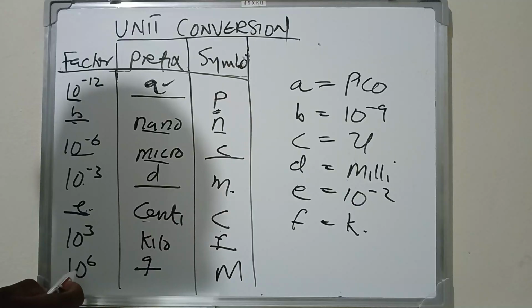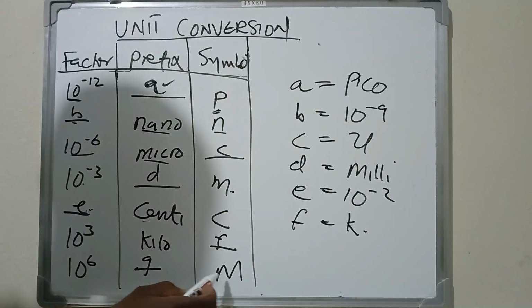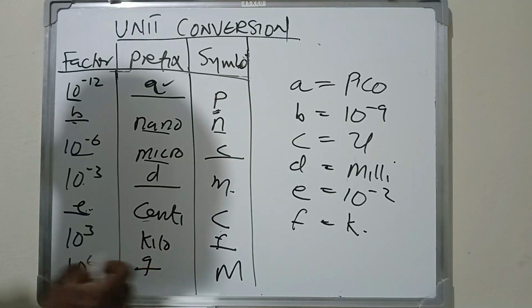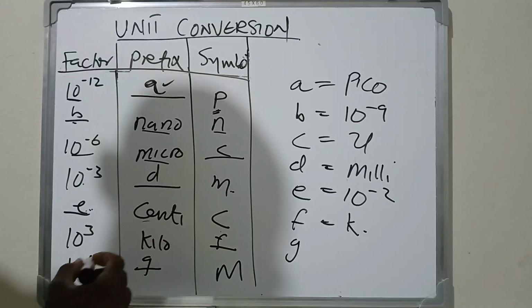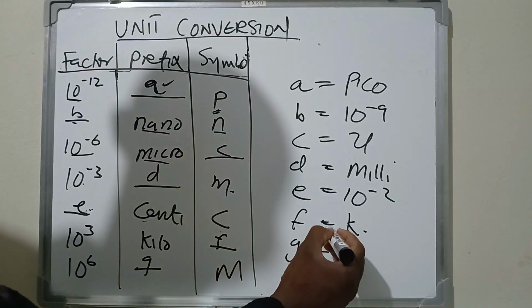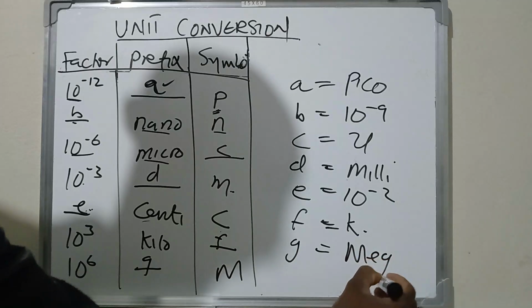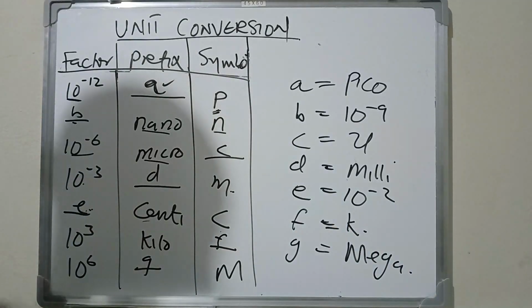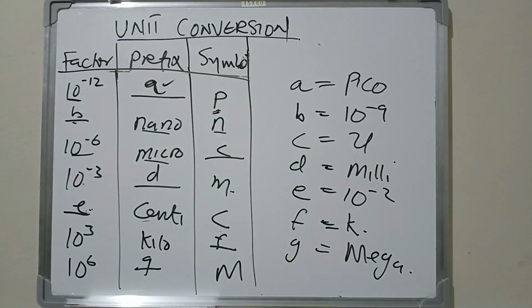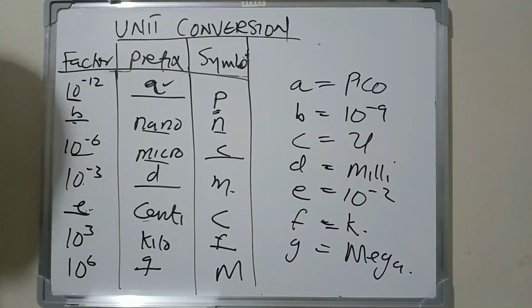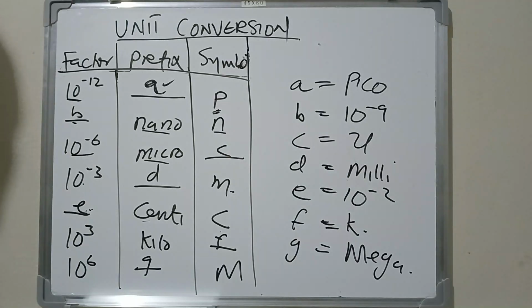Then this is 10 to the power 6, mega, so our G is equal to mega. That's how you attempt such a question. Though we haven't copied the table, we have just improvised because it would have been too much labor to copy it.